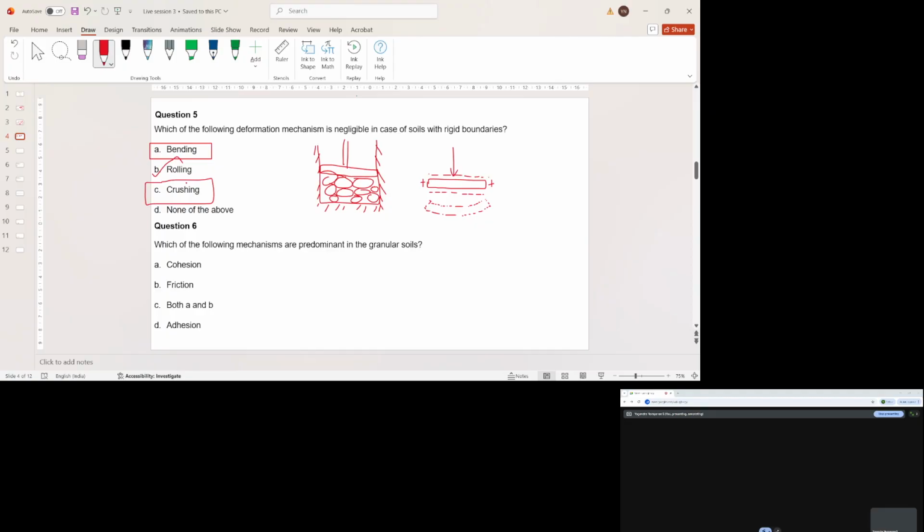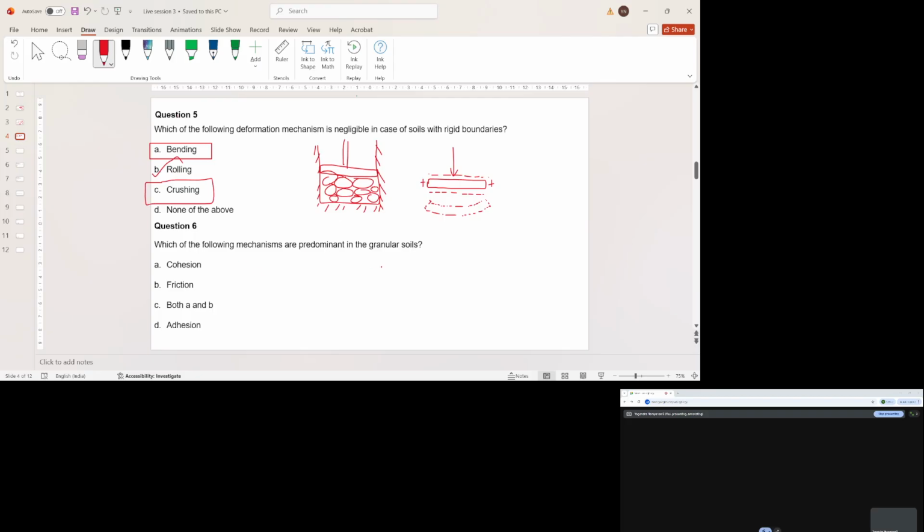All right. Now coming to the next question. Which of the following mechanisms are predominant in granular soils?